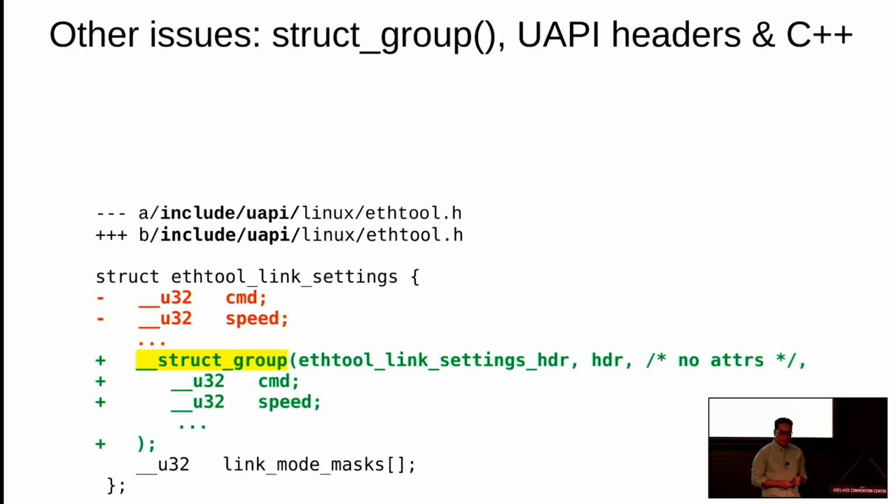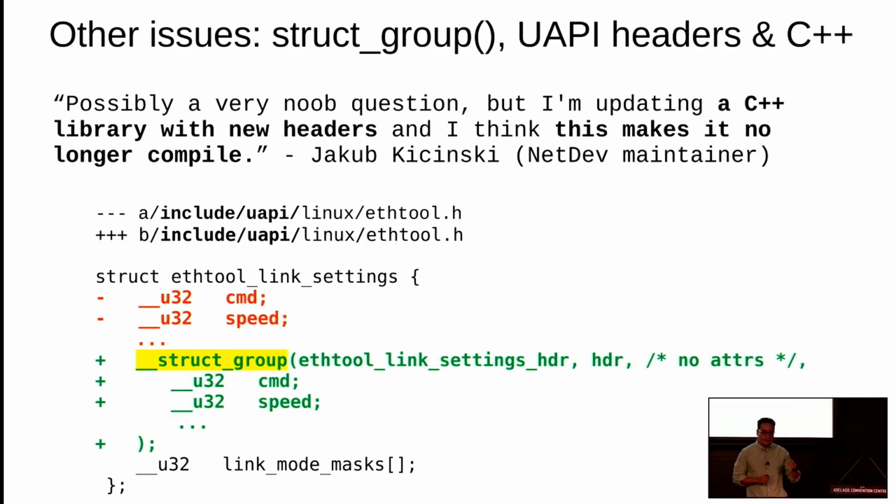Here I have a piece of code. This is part of a patch that I implemented. If you notice here, I am using struct_group, and I am using struct_group in UAPI code, right? This is user space code. Okay, so I remember I wrote this patch to fix these issues, and then the maintainer of networking sent me this message.